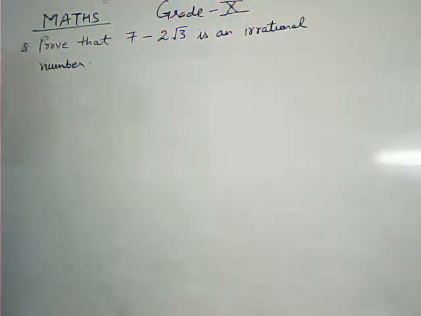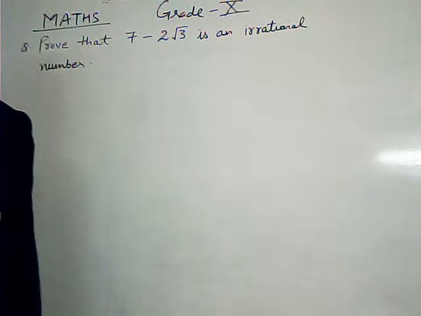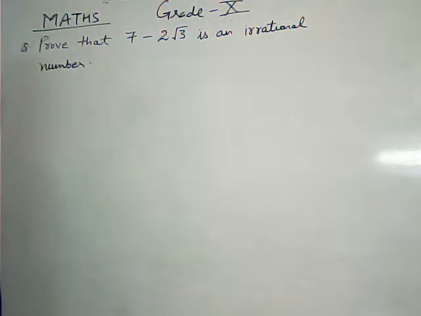There is no need to prove that root 3 is an irrational number, because we know that root 3 is irrational. So here we can start by taking an assumption contrary to this fact.